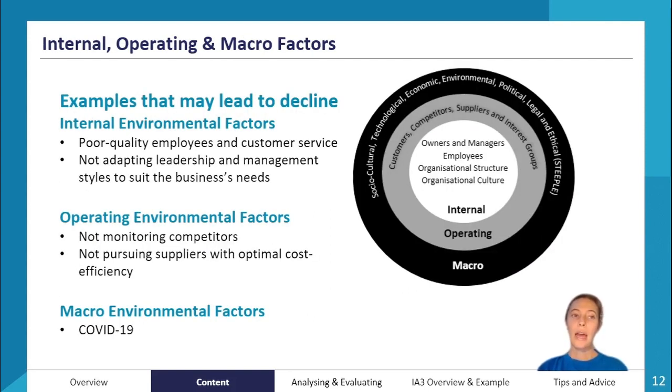Let's have a look now at internal, operating, and macro factors. Some examples may lead to decline in each of these categories. First of all, let's have a look at what each of these mean. You can think of these different categories as being like a house of sorts. Your internal is all the people and things that are going on inside of the house.